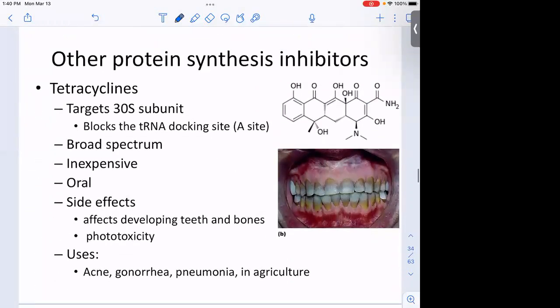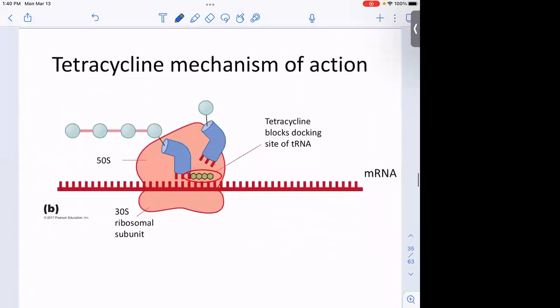Other protein synthesis inhibitors, tetracyclines. There's actually a whole class of drugs called tetracyclines. They all have 4 rings. Okay, tetracycline. Oh, makes sense. The structure just makes sense. This also targets the small subunit of the ribosome, and this picture shows that.